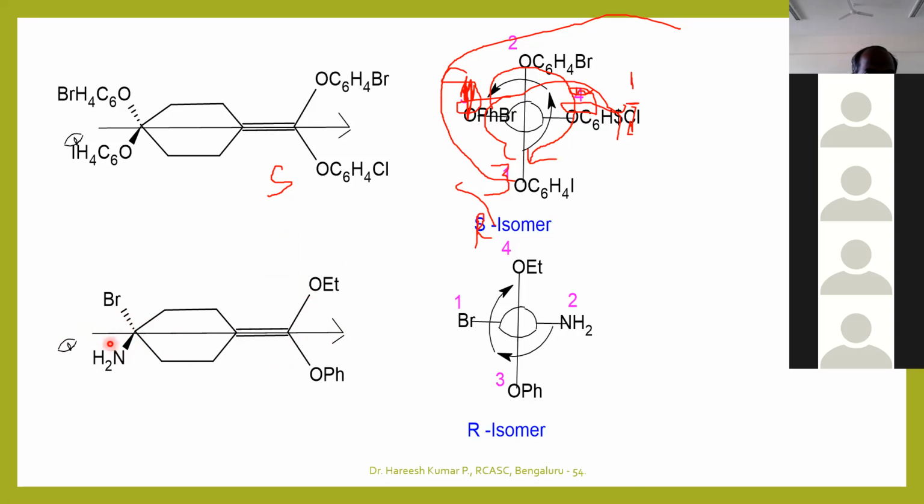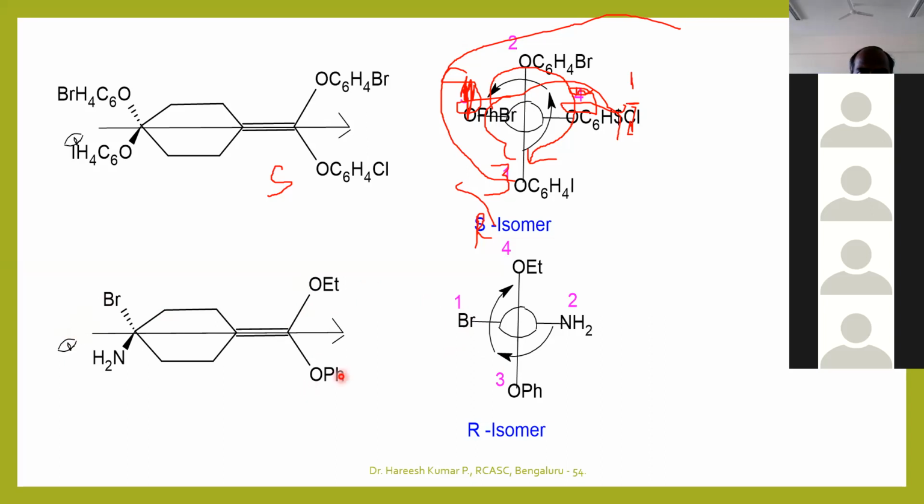Viewing from here, NH2 is on the right hand side and Br is on the left hand side, and these two are vertical.